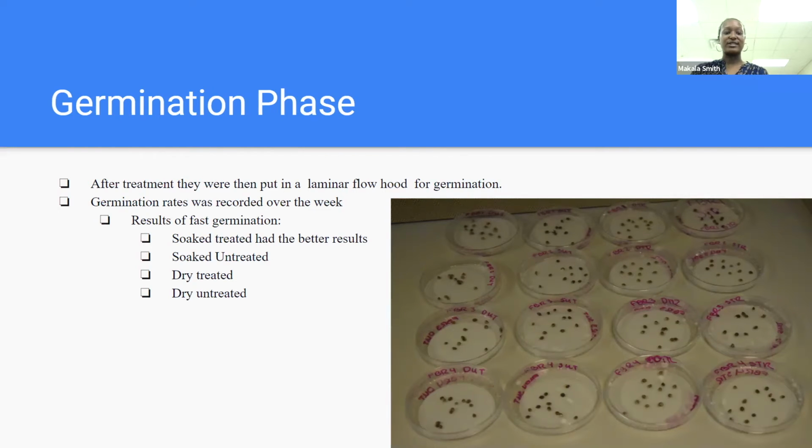But the results were that soak treated came out better than all the others. So we realized that soak treated had the better results versus soaked and dry untreated, and that was just across the board with this trial. Soak treated did significantly better than dry untreated.